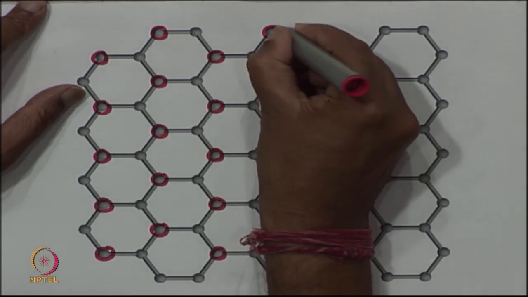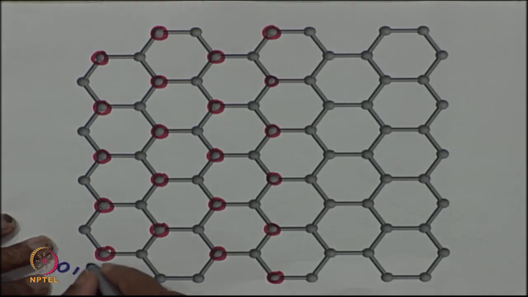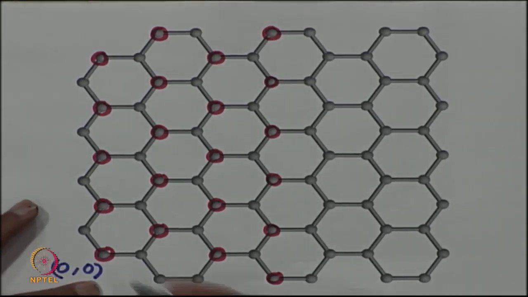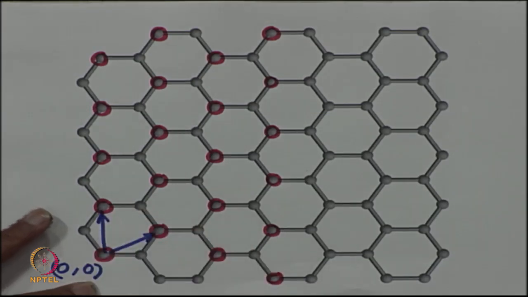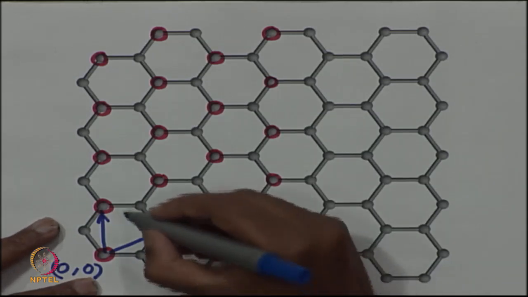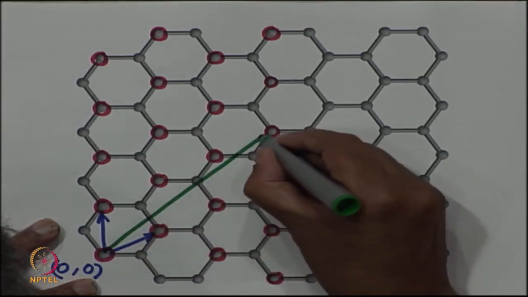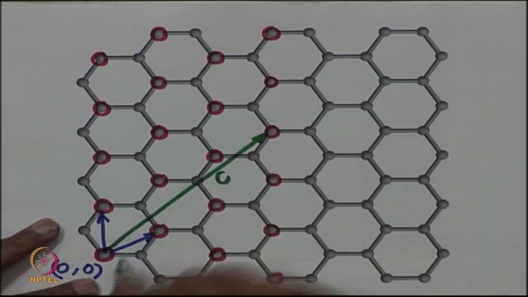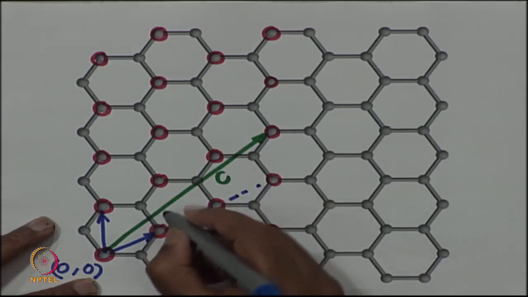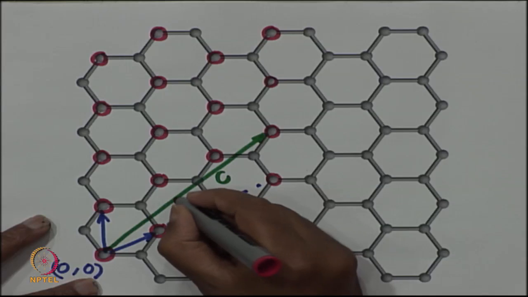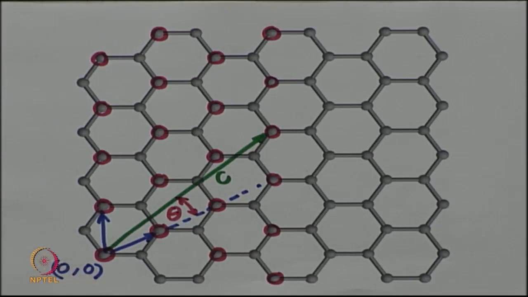Let us say if this is my origin again and these are my basis vectors, and let us say that this is the chiral vector C, then this chiral vector is making an angle theta with A1.